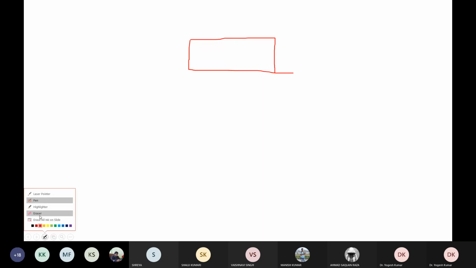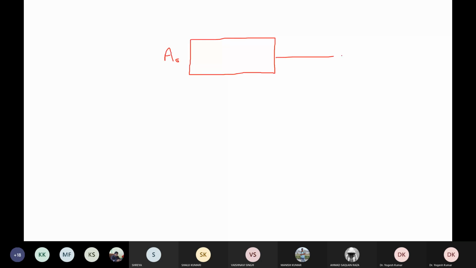Okay, so suppose this is your test specimen. You have an original cross-sectional area, suppose A0, and you are applying a certain tensile force, say capital F. So what happens when you are stretching your specimen?